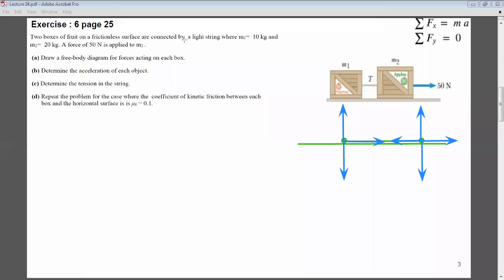Okay, so let's put the names: N1, W1, N2, W2, tension, tension, big F. And all of them are vectors, so we put the vector sign.